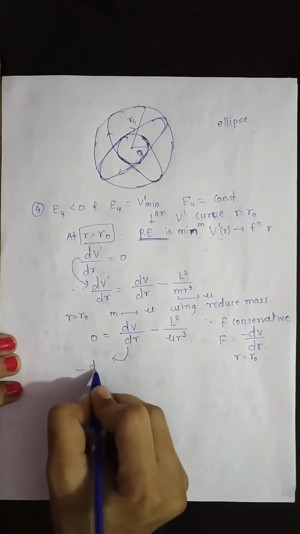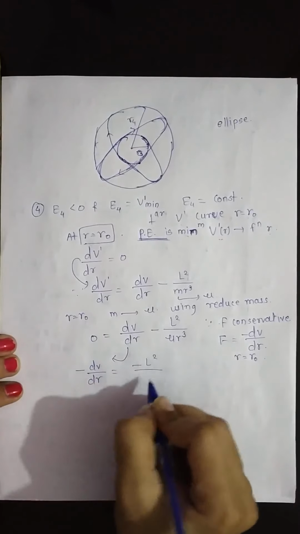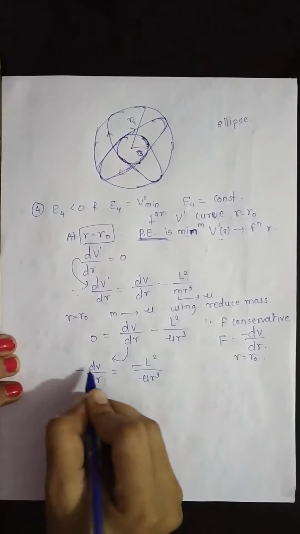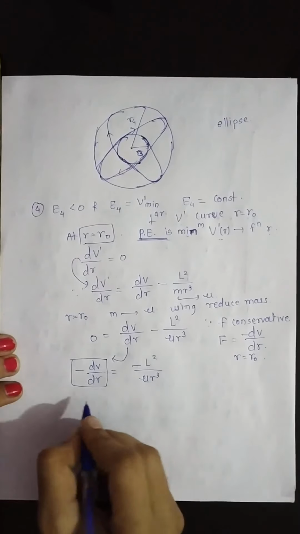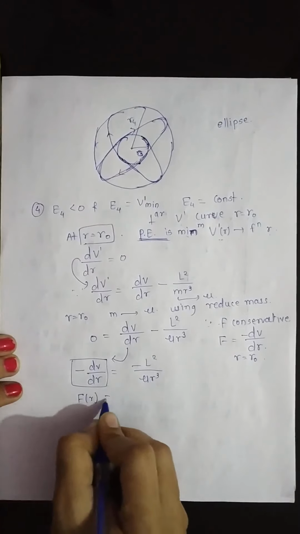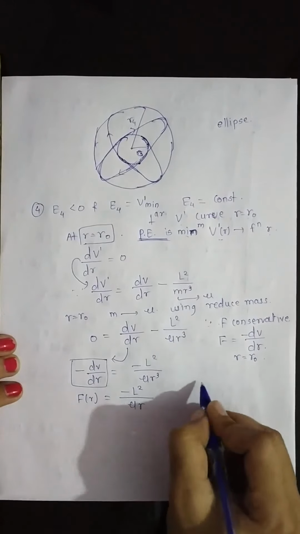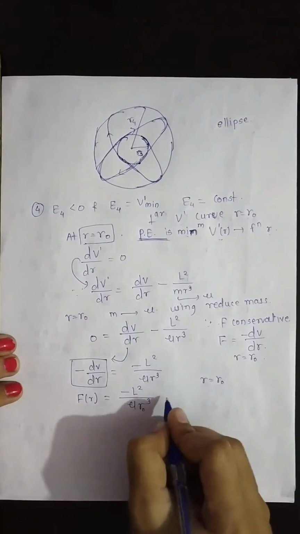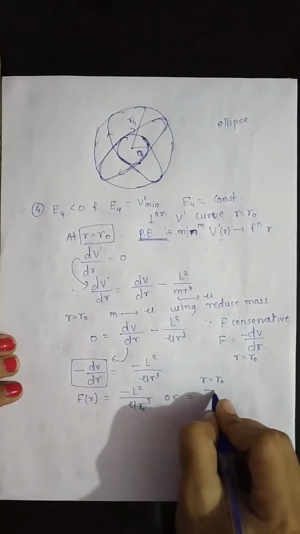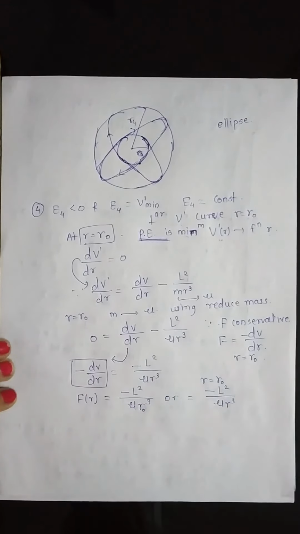I will get minus dV upon dr equals minus L square upon mu r cube, and instead of this I can put F of r. So I will get F of r equals minus L square upon mu, at r equals r naught means r naught cube, or else this can be written as minus L square upon mu r cube.